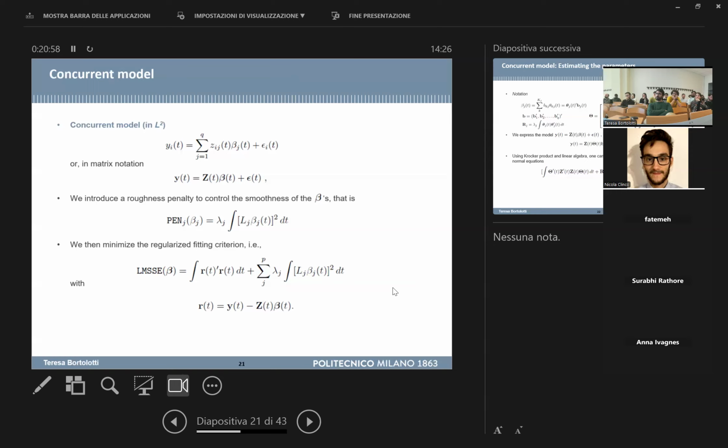And what we typically do is that this L here, the penalty operator, is just considering the second derivative to penalize the roughness of the estimated coefficients. This is the functional that you want to minimize. This, again, is the classical least squares. The only difference is that you are integrating the functional errors at each t.